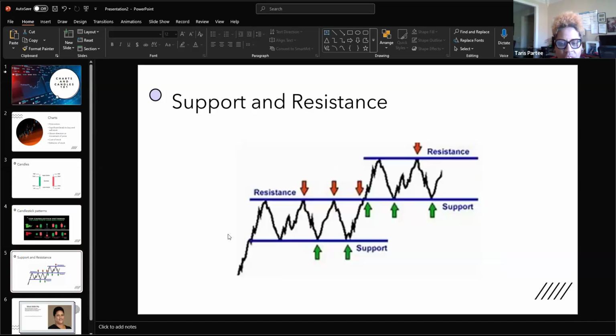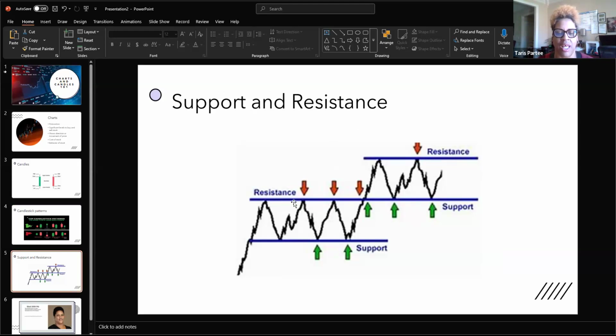All right, now we talked about support or resistance. Your basic trading plan, the foundation of trading, is going to be founded upon support or resistance. I want you to think about the support as the floor. That means that when we come to this level, the price should go up.